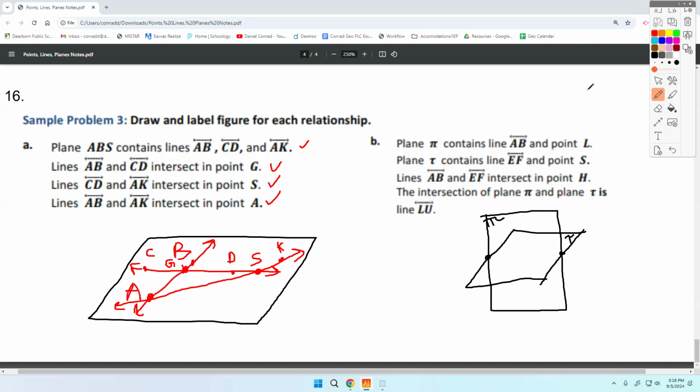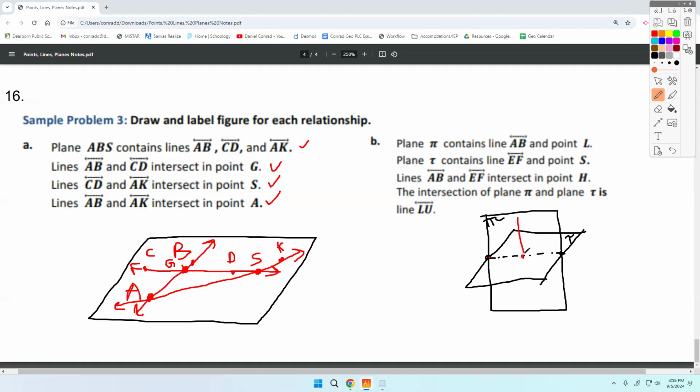All right, let's see what we got here. Pi contains the line AB at point L. Tau contains the line EF at point S. Lines AB and EF intersect at point H. Okay, so I know H is going to have to be right here in the middle.